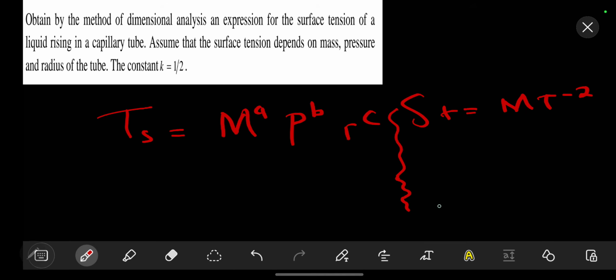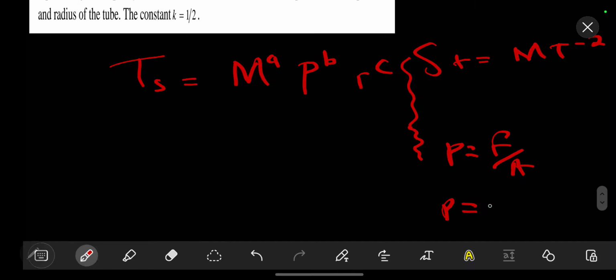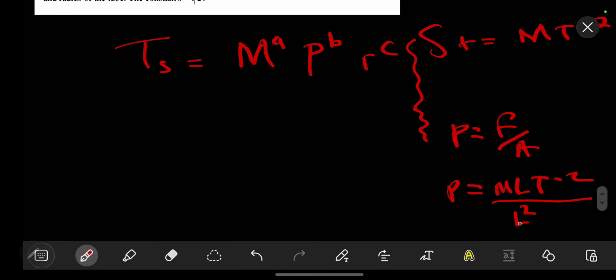Pressure, we discussed, is force over area. Our force is MLT^-2 over area, which is a unit of length to the power 2.